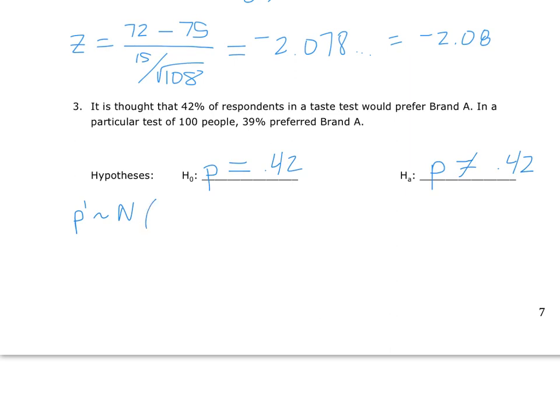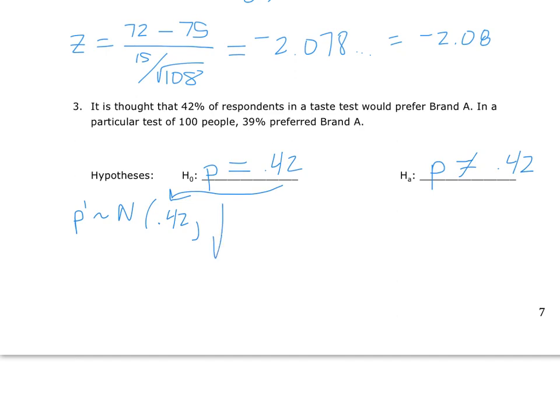What do we plug in for the mean of this normal distribution? It is the value that comes from the hypothesis, so it's the 0.42, because we're assuming that that's true.